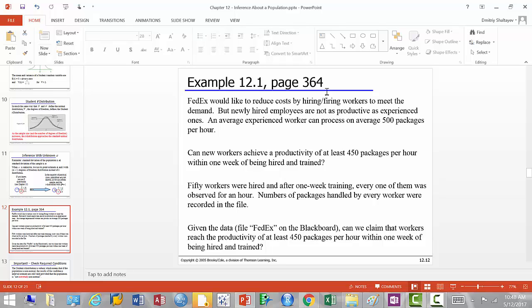A seasoned professional can handle on average 500 packages per hour, okay? So can a new worker achieve productivity close to at least 450 packages per hour within 1 week of being trained? Now, the truth is, not every person is the same. If they hire me, I may handle maybe 350 packages.